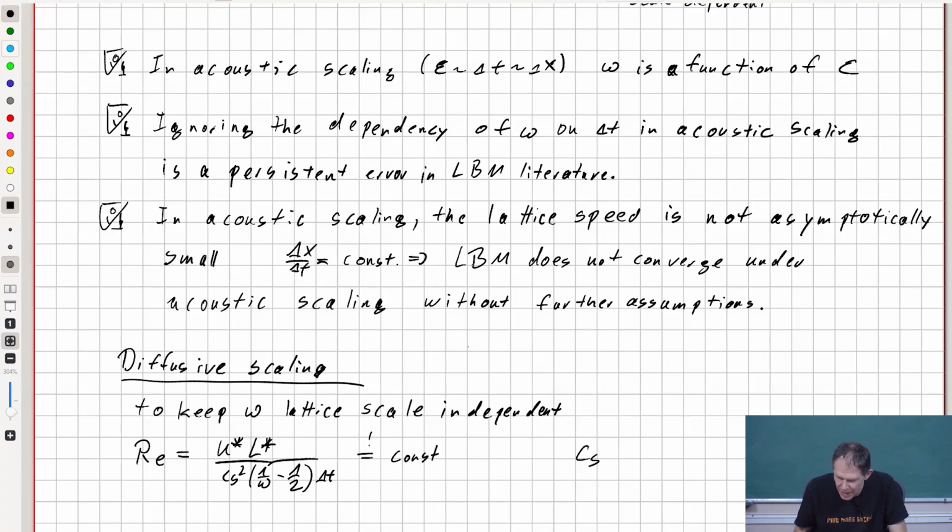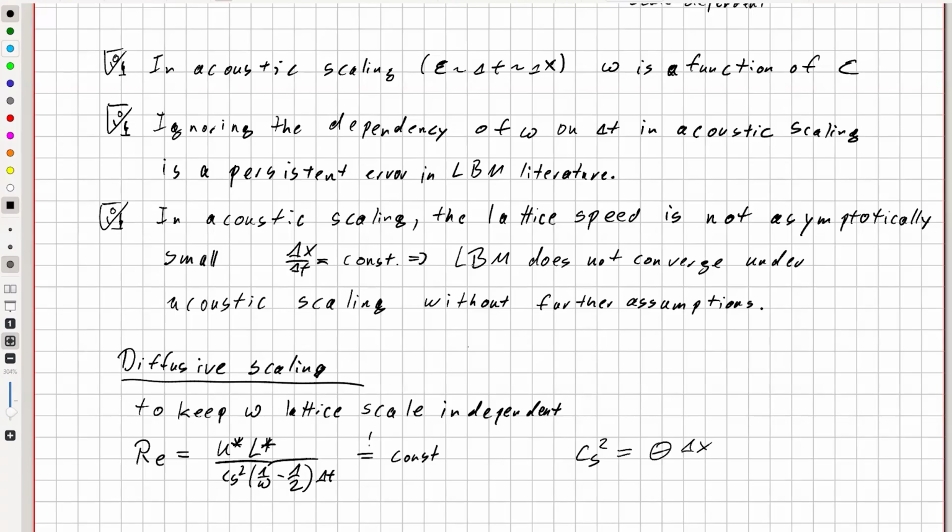So now we take what we've actually already introduced, the cs square. We define this as theta, dimensionless, which we call the dimensionless temperature, times delta x square by delta t square. So this guy here is dimensionless. And it has a physical meaning of a temperature.